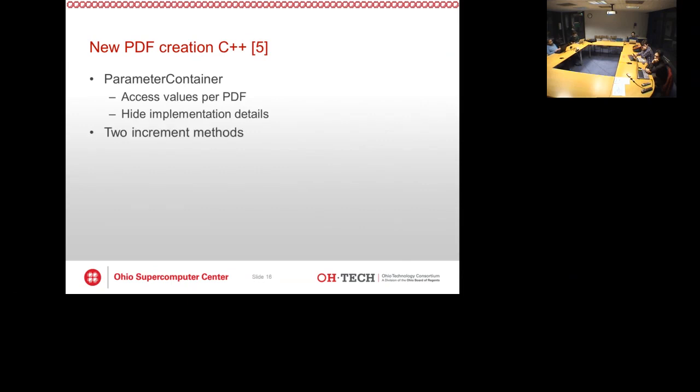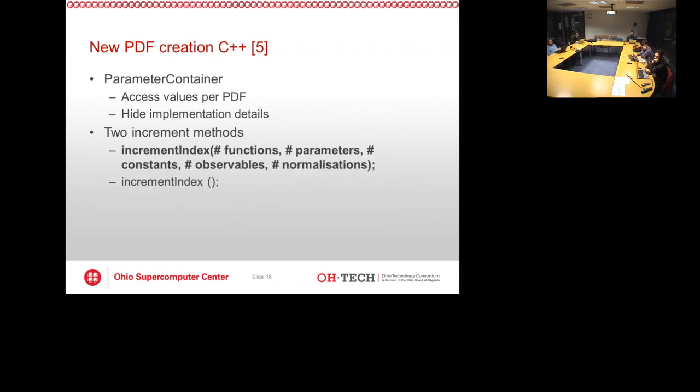We also have two increment functions that we need to do. The first one is a fast method, and if possible, you should always use it. You need to increment by the number of functions, parameters, and constants. The second version is the slow version, where you have to look up those values in order to increment.